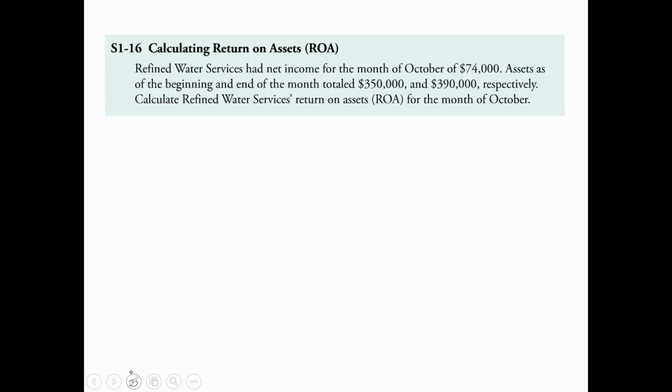And here's a quick example. Refined Water Services had net income for the month of October of $74,000, so that would be from their income statement, right? Assets at the beginning and end of the month were $350 and $390 respectively. Calculate their return on assets. So the ROA is the net income divided by the average total assets.